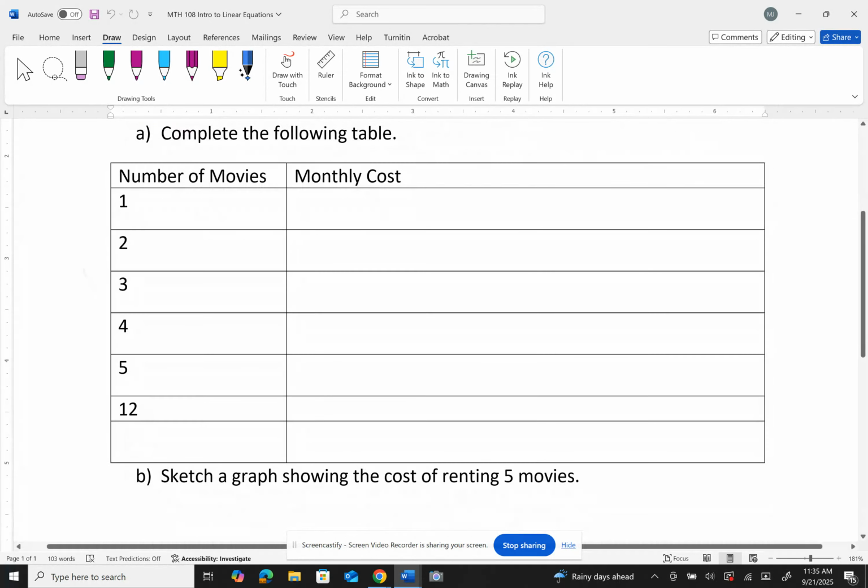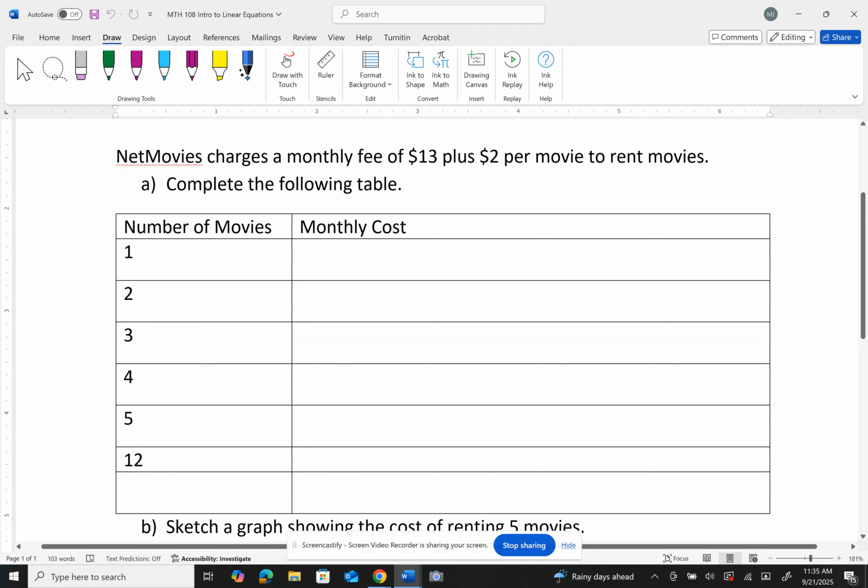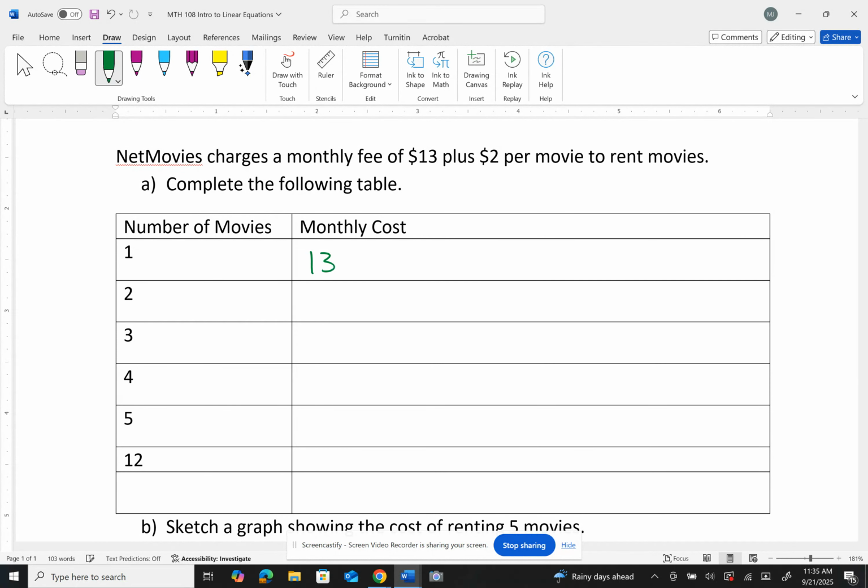All right, and here I'm asking you to complete a table. So in a month in which you just rented one movie, you would pay $13, but then you'd also pay $2 for the movie that you rented, which means the cost that month would have been $15.